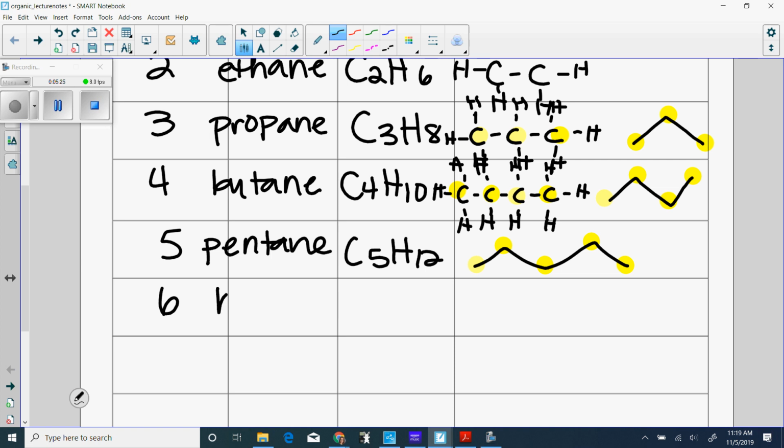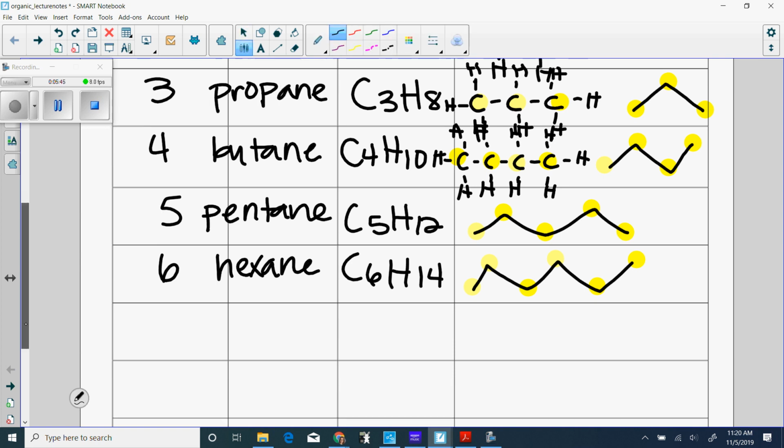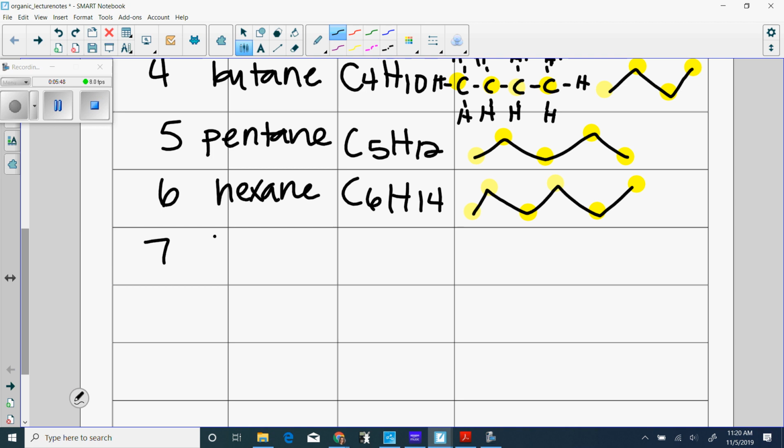Six carbons is called hexane. C6H14. Seven is called heptane. C7H16.